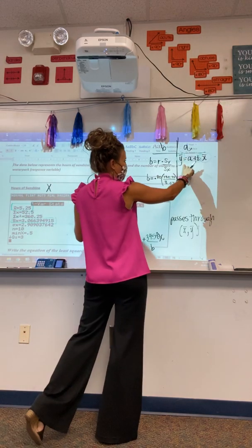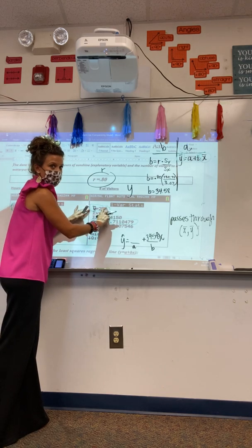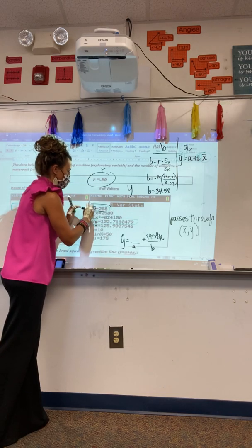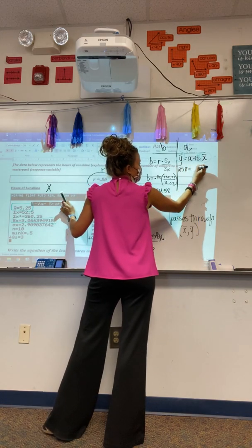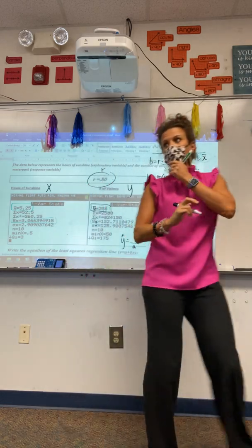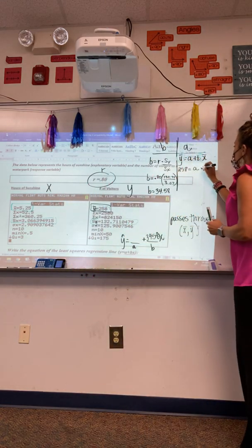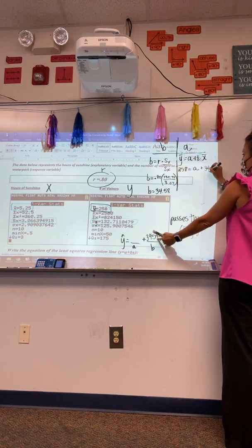So my Y bar, they gave it to you. Y bar is 258. And now we're just back in algebra class. I don't know my A because I'm trying to solve for A. Plus, what is my B value? 34.58.